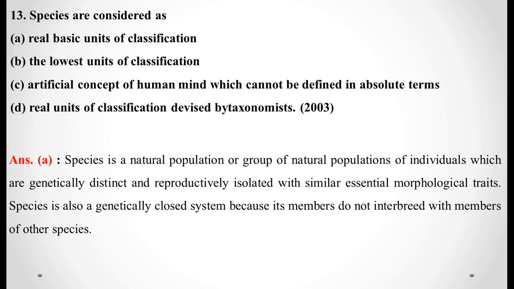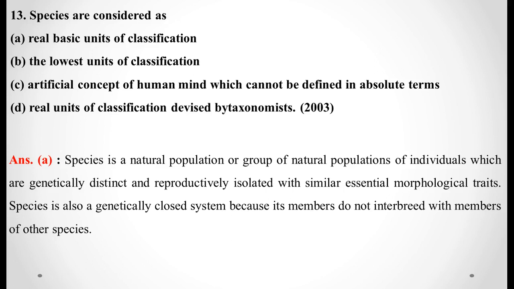Species is a natural population or group of natural populations of individuals which are genetically distinct and reproductively isolated, with similar essential morphological traits. Species is also a genetically closed system because its members do not interbreed with members of other species. That is, closed system means if a species tries to interbreed with another species, it may produce young ones, but the young ones will not be viable or they will be sterile.